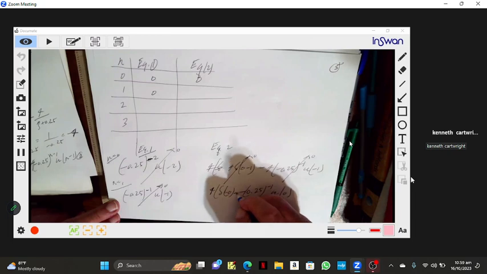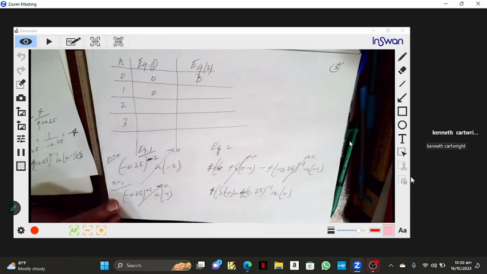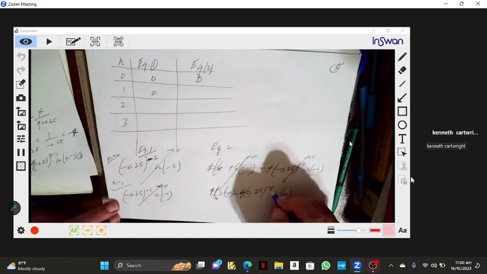Let's not forget the 4 there. N equals 1, this is 0.